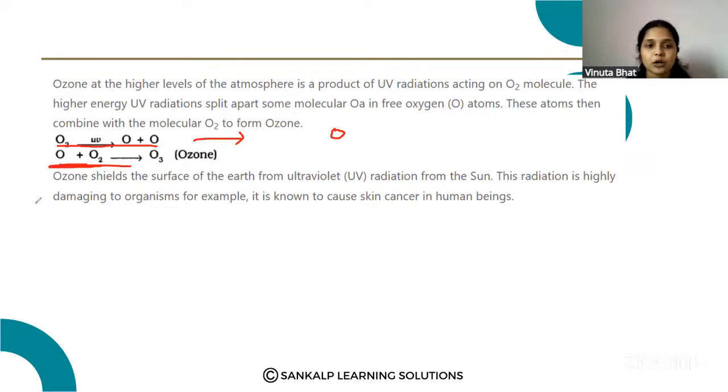O3 is the formula of ozone, and ozone shields the surface of the earth from the ultraviolet radiation from the sun. This radiation is highly damaging to organisms. For example, it is known to cause skin cancer in humans. So that is the answer.